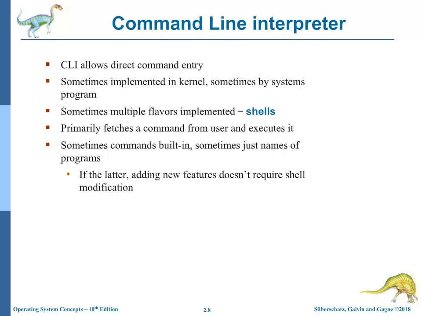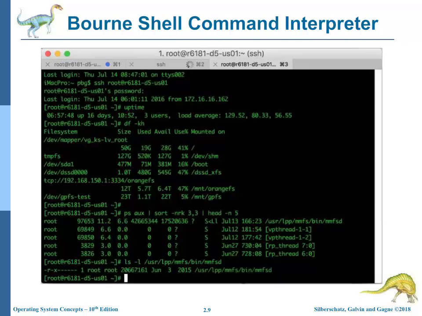The shell displays a prompt to notify you that it is ready to accept your command. There are several types of shell: C shell, Bourne Again shell, Korn shell. So this figure shows the Bourne Again shell, which is a bash shell command interpreter being used on Mac.